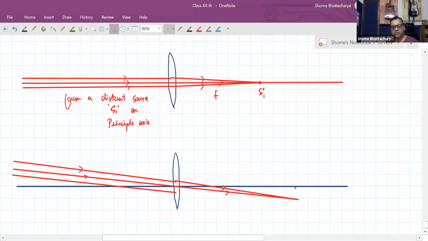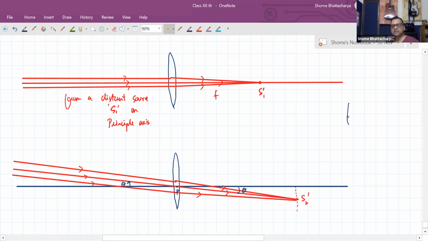So this is giving you an image on the focal plane, but at S2 prime, like this. Okay. Now if you just follow the ray which is going through the pole, this one, you'll see that this angle is the same as this angle.